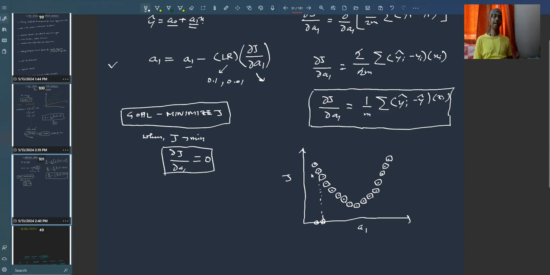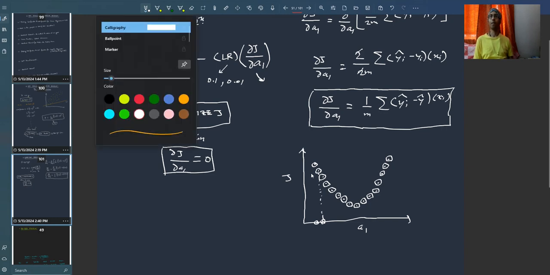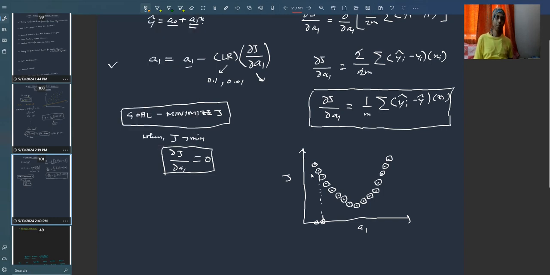So herein come two new terms that we have to learn. This minimum point is called global minimum. And this bowl-like curve with a single minimum is called a convex curve. Now obviously if we have defined what a convex curve is, we must also know what a non-convex curve is.